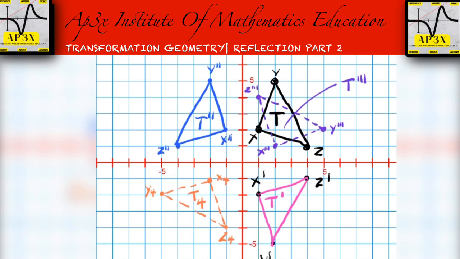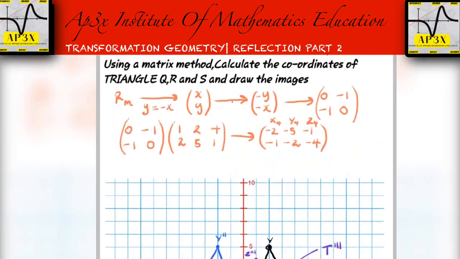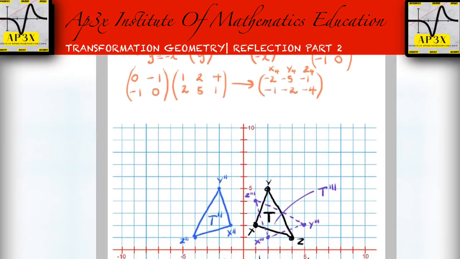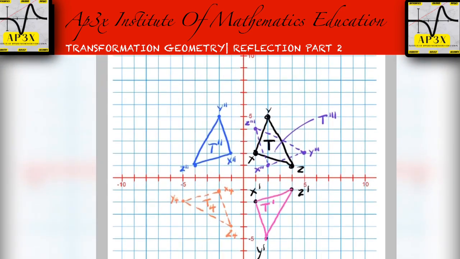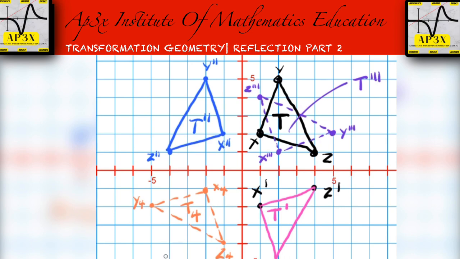All right, and that basically shows how you use the reflection matrix to multiply by the object points to attain the image points. Again, if you notice on this particular diagram that you're drawing here, we did not need to draw the line y equals x and y equals negative x.